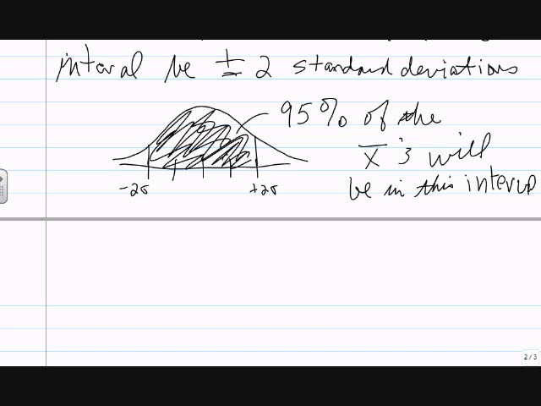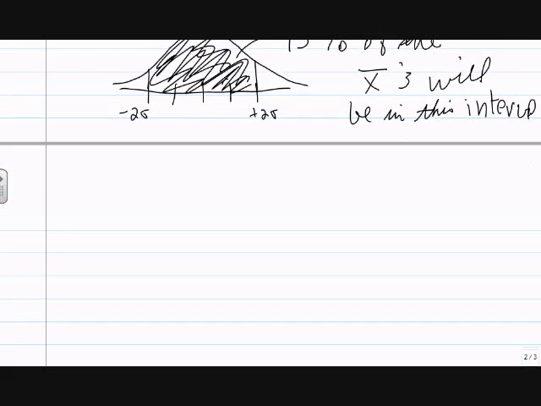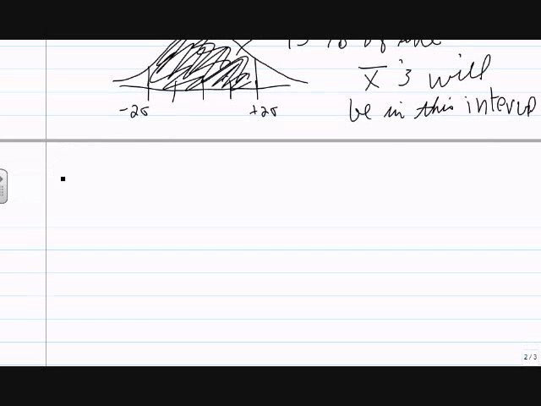Okay, so let's build a confidence interval. Now in the example I'm going to give you today, we're going to know the population mean and standard deviation, but usually you don't know the population mean and standard deviation. That's why you go get a sample to estimate it. Okay, but I'll show you what will happen if we know.